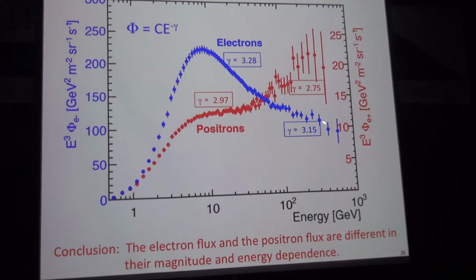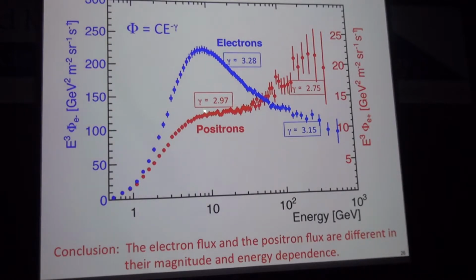However, if you put them together, you see that there are several features. First of all, electrons and positrons both show some kind of break around this region, which indicates there may be different mechanisms creating the positrons and electrons.